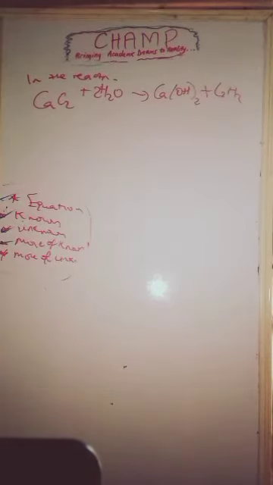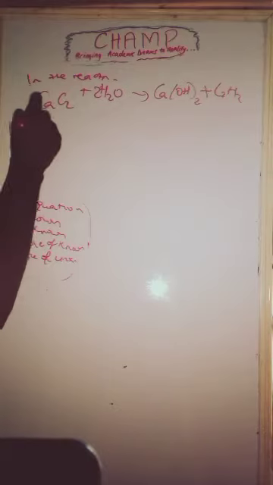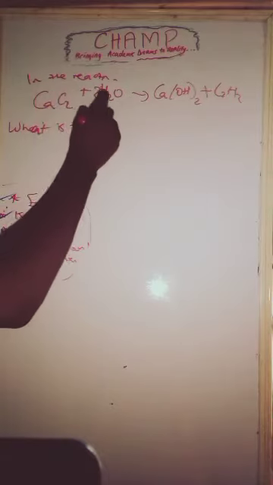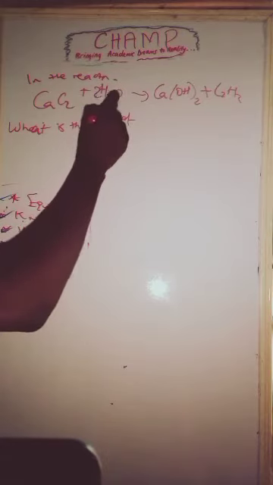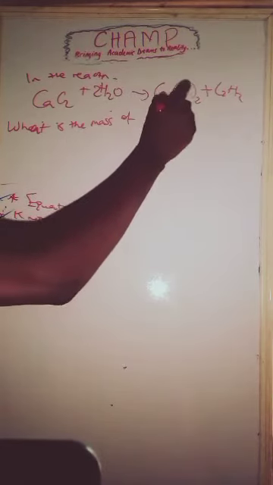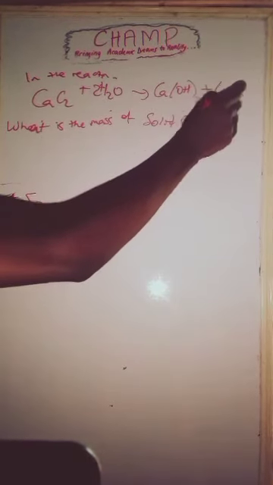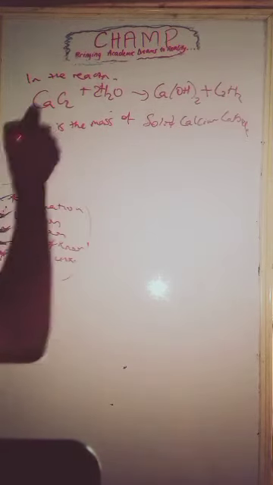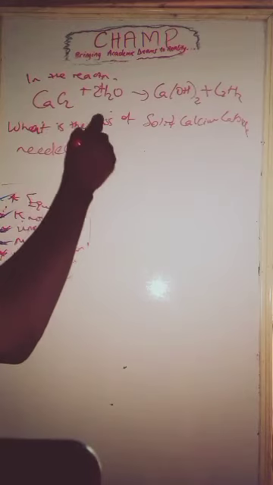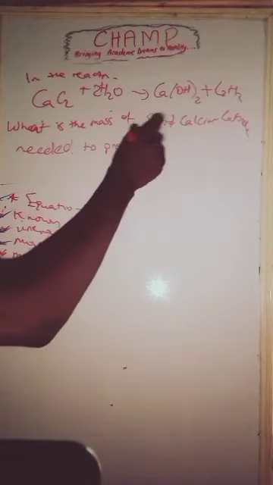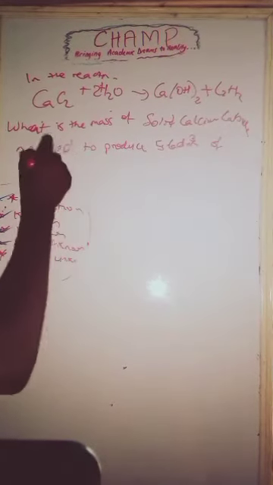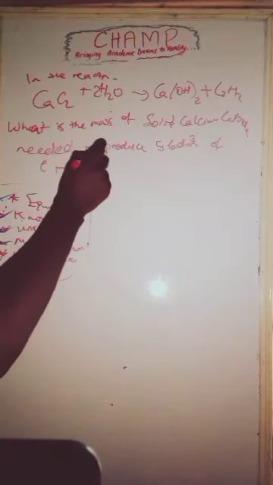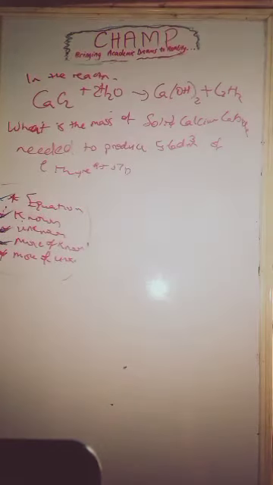They now said, what is the mass of solid calcium carbide needed to produce 5.6 dm cube of ethyne at STP. So yes, let's solve this together now.